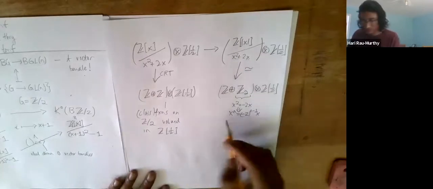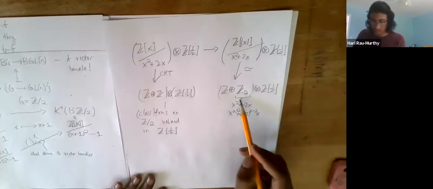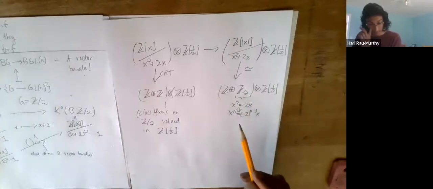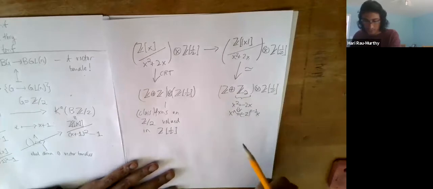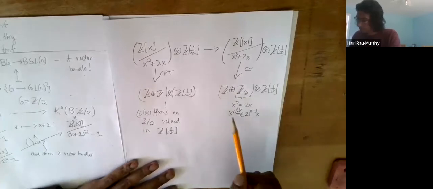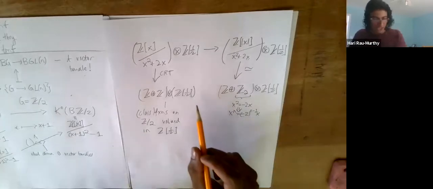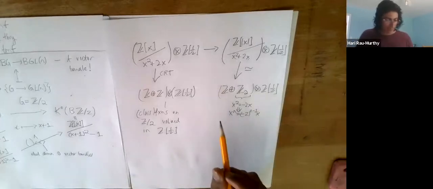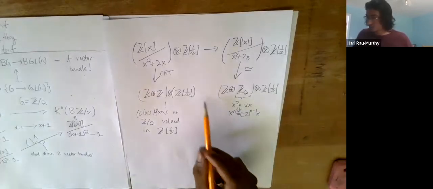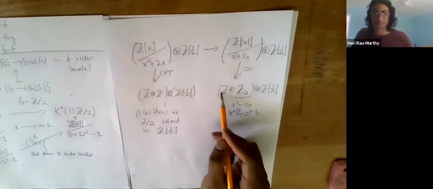So these are now class functions on, well, I want to get class functions on Z mod 2. So I need to do a completion at the ideal of dimension 0 vector bundles to get from here to here.